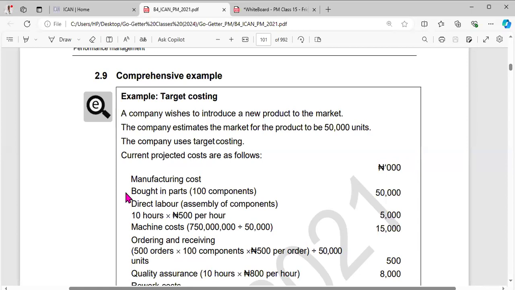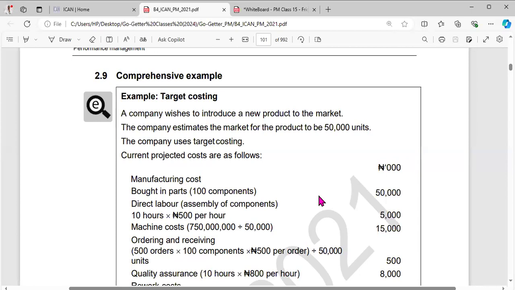The company estimates the market for the product to be 50,000 units. The company used target costing. So sometimes you will not hear the word target costing. But how will you know you'll be doing target costing? I'll also tell you.